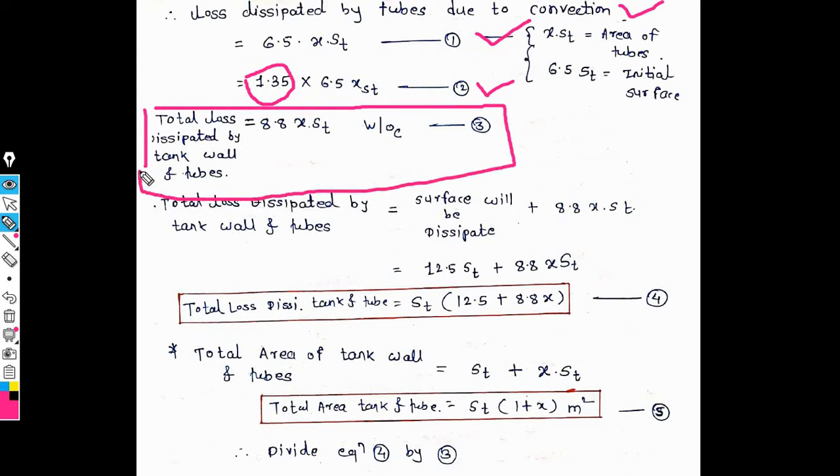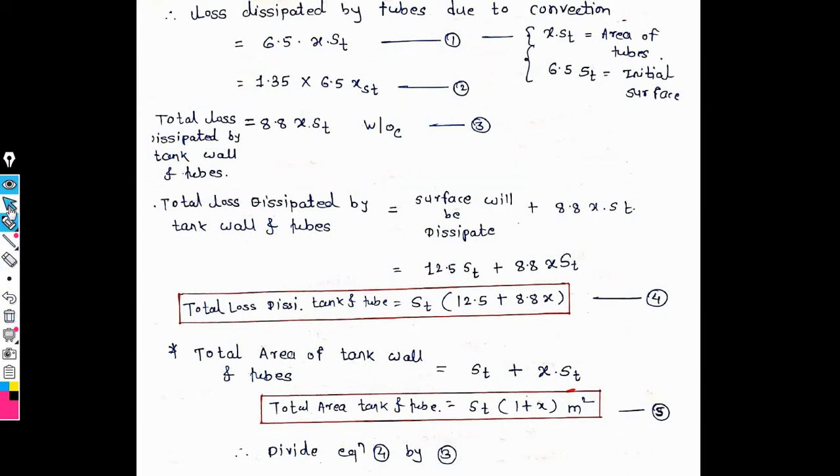Also we need the final dissipation loss, for which we consider 12.5. This is the final loss, and this is the initial loss with 35% convection. Then this is the value obtained.